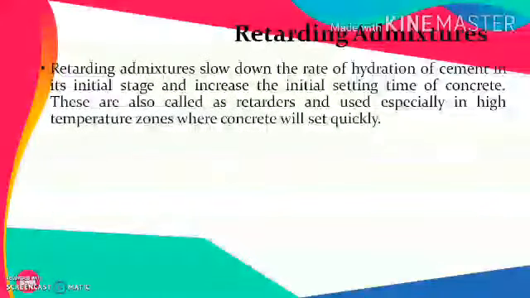Next is retarding admixtures. Retarding admixtures slow down the rate of hydration of cement in its initial stage and thus increase the initial setting time of concrete. This is also called a retarder and is used especially in high temperature zones, where because of the higher temperature water may evaporate and the concrete will set quickly.